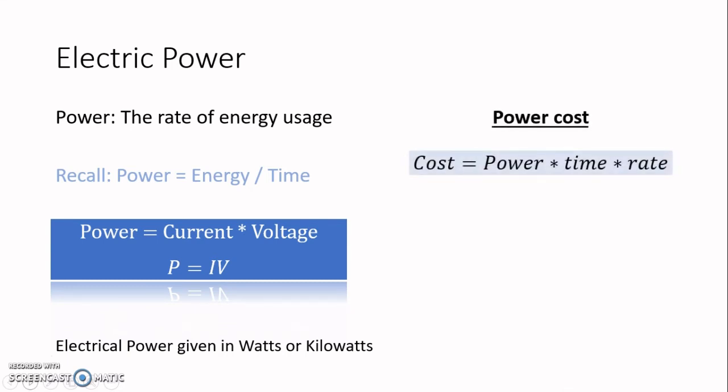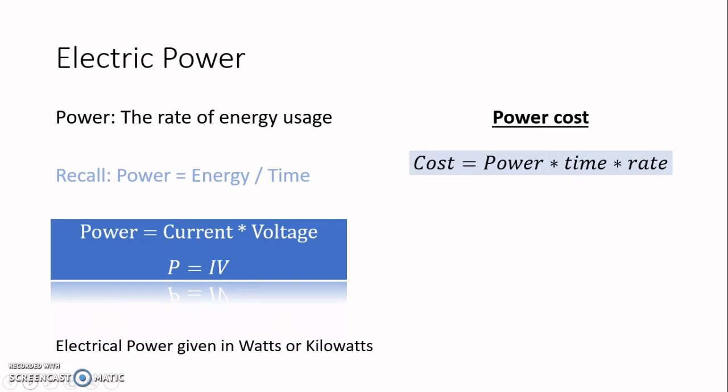Now, when we use electric power, say in our homes or at our businesses, we have to pay for it. How are we going to know how much we owe for power usage? Just to be clear, we're actually not paying for power. Power is just the rate at which we use energy. What we're paying for is energy itself.